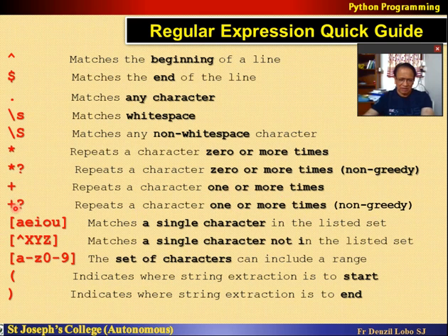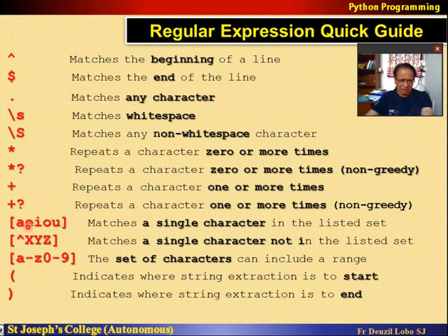Here, within square brackets, it matches a single character in the list or set. For example, if there is a, e, i, o, u, it matches a single character. Here it is not x, y, z: a single character not in the list, so the not is used here.